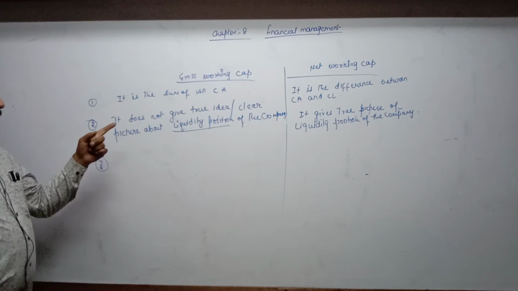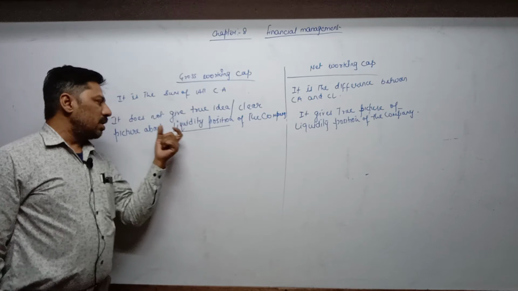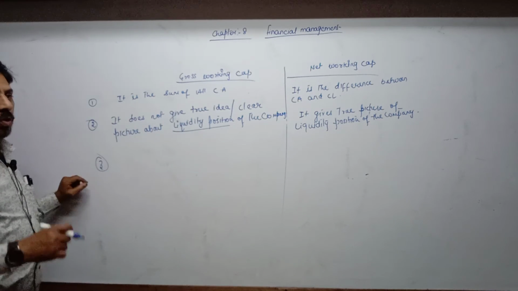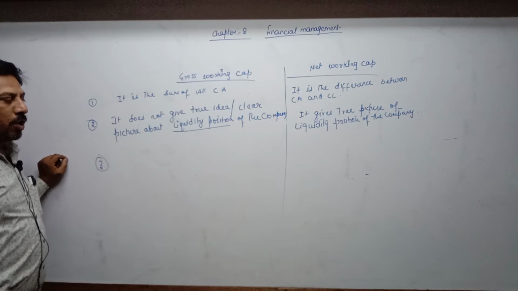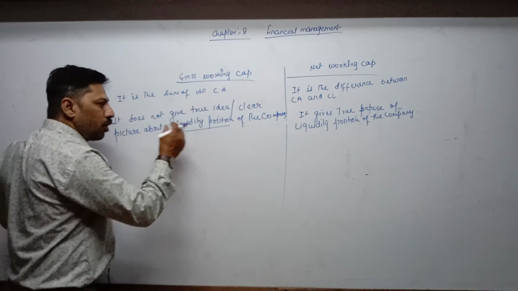Now, how is gross working capital not giving a clear or true picture about liquidity position? Liquidity position means if we want to know how much cash is available with us right now on a particular date, how can we come to know about the liquidity position.